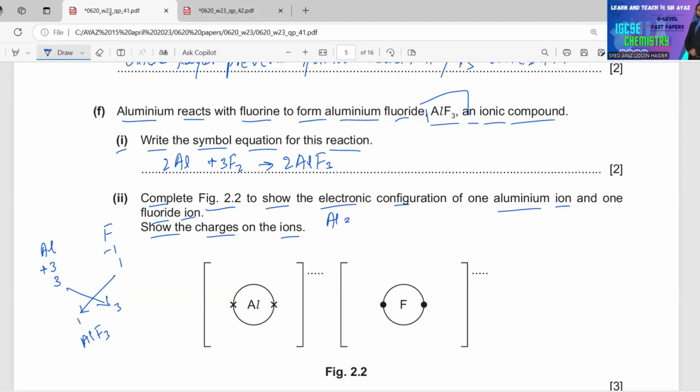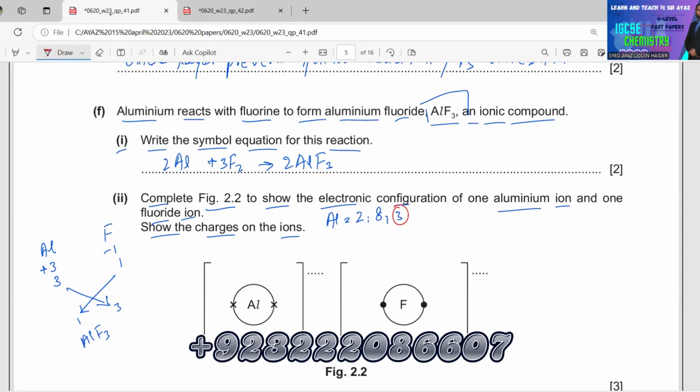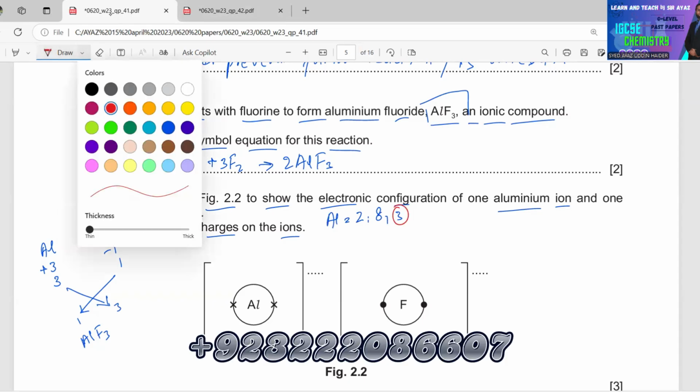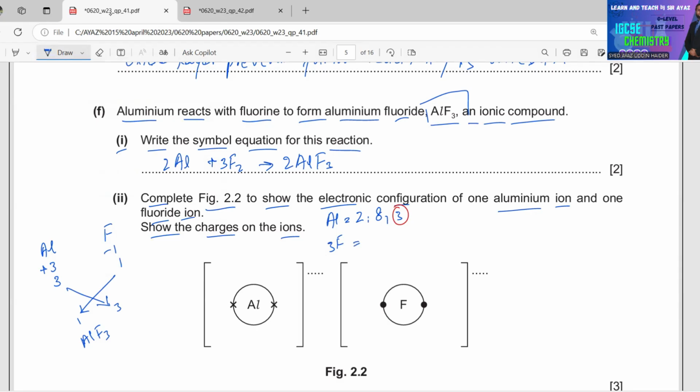So the configuration must be 2,8,3. During the bonding, it will lose all of these 3 electrons. We have 3 fluorine atoms, so I'm writing 3 before F, which means you have to remember that there will be 3 fluorine atoms.